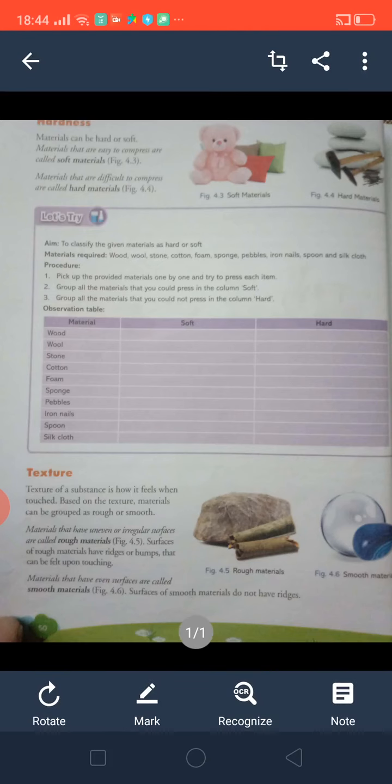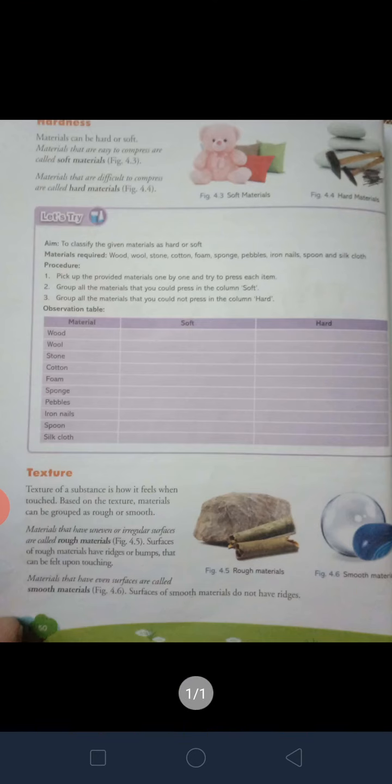In this way you have to prepare the table also on the white sheet. In the practical file there is one white sheet, and in front of the white sheet there is another page of lines. Then on the white sheet you have to prepare this table, and in this table you have to draw 3 columns.